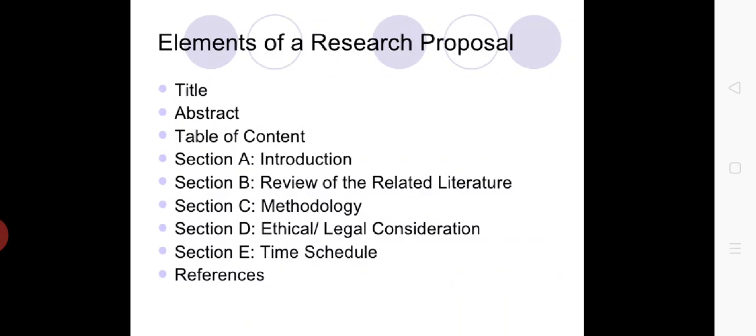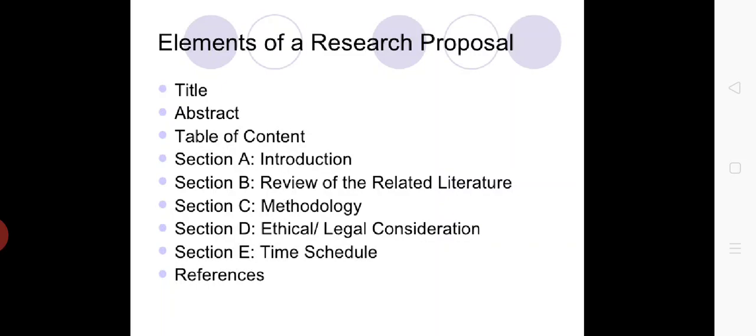Elements of a research proposal. Here are some important elements which are part of every research proposal. First of all, you have to give the title of your study. Then abstract. Abstract is actually the summary. Table of contents.